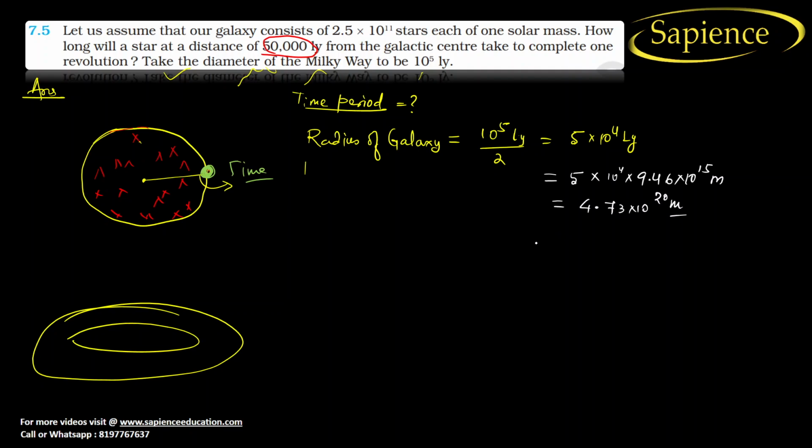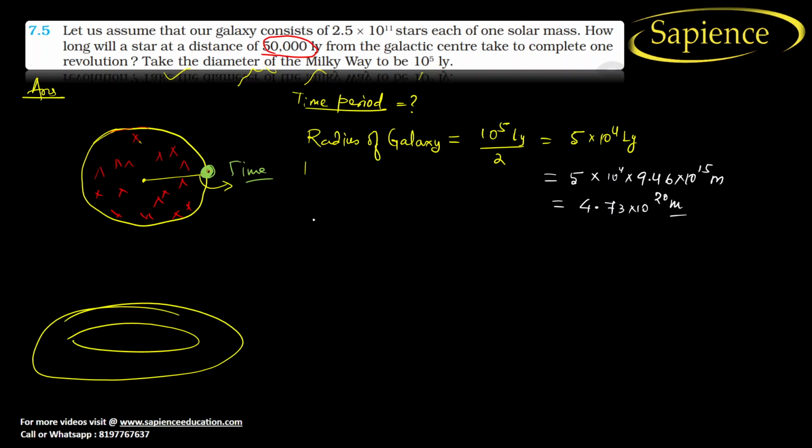Now we need to find the mass of the galaxy first of all. Here they have written that our galaxy consists of 2.5 × 10^11 stars, each of one solar mass.